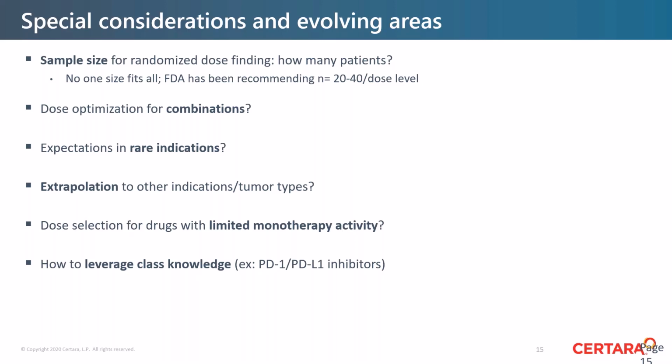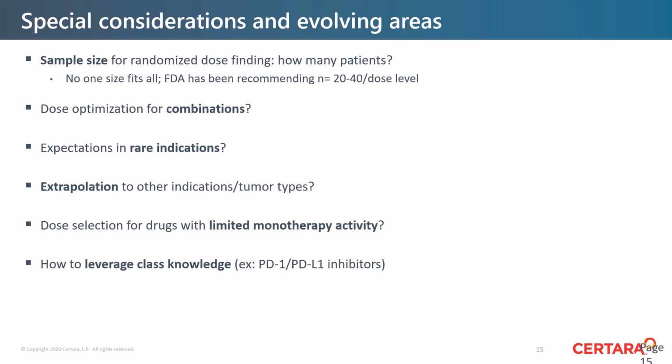Another important topic is what about rare indications? Even outside of the oncology field, selecting the dose or the endpoints is a difficult topic for rare diseases, but the standard for regulatory approval remains the same. For oncology, the recent guidance on dose optimization does not include any specific advice or free pass for orphan diseases.